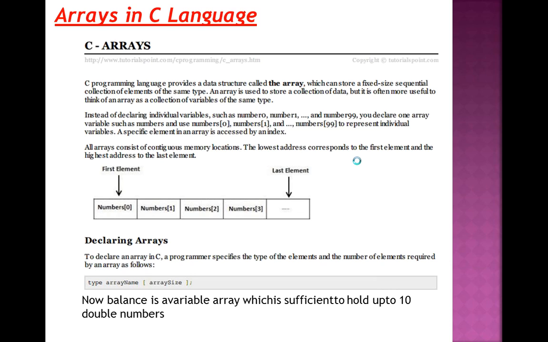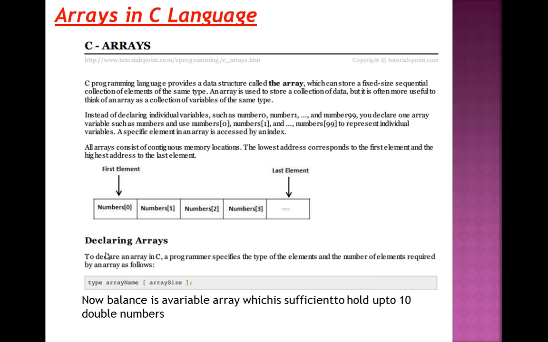A is your array name, that is int A[5], and arrays always start with index 0. If I am storing 5 array values, it starts from 0 and ends with 4, that is 0 location, 1 location, 2 location, 3 location and 4 location.